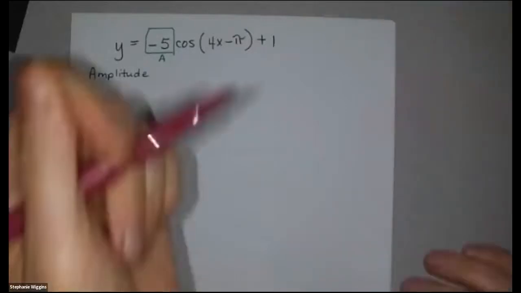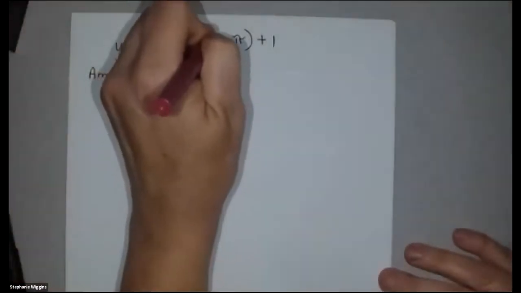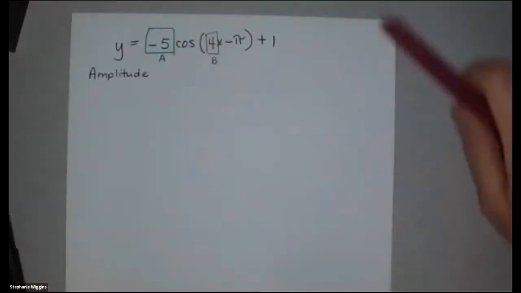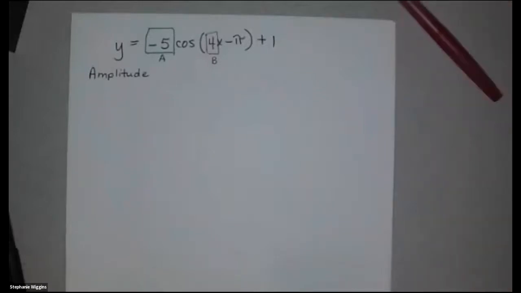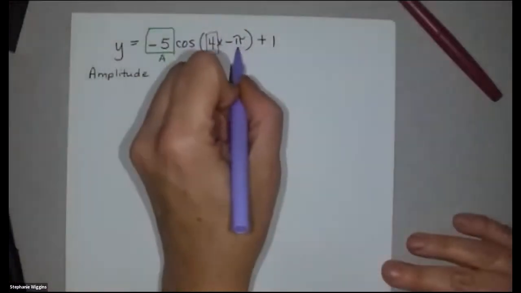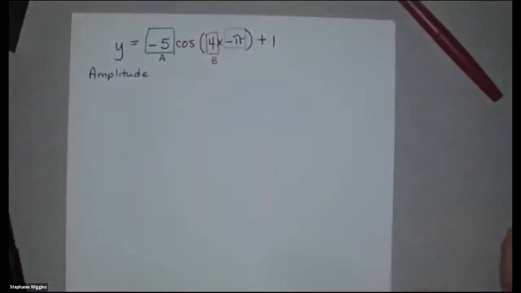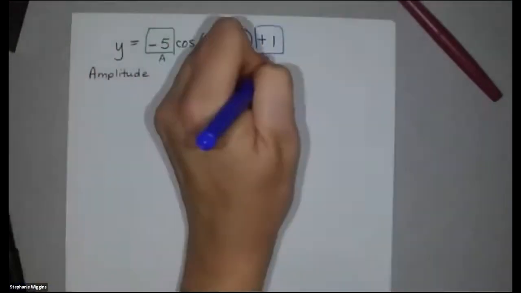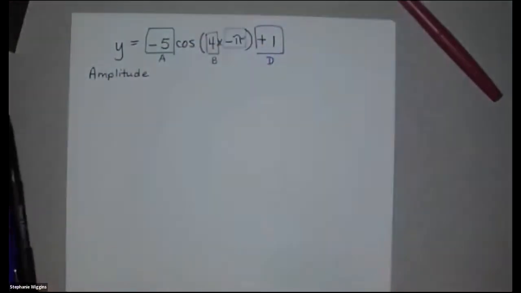And this is our B value. There's C. And finally, there's D. I hope you can see that. All right. So what can we say about the graph?